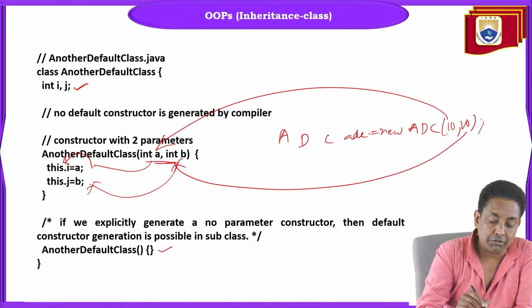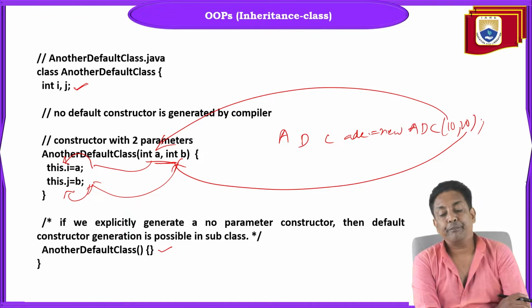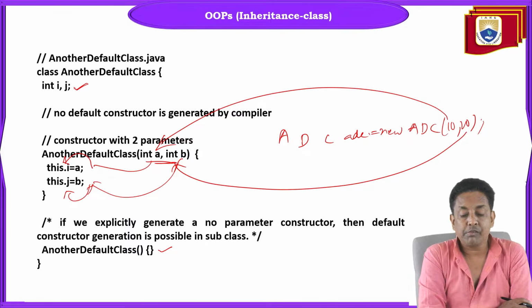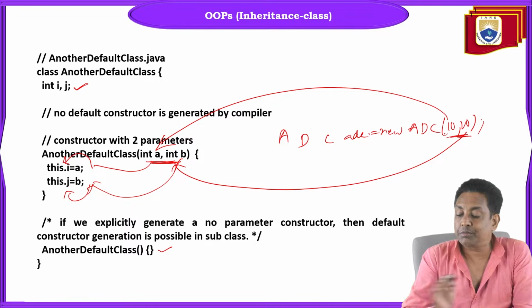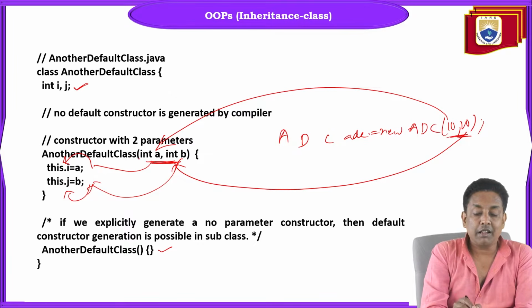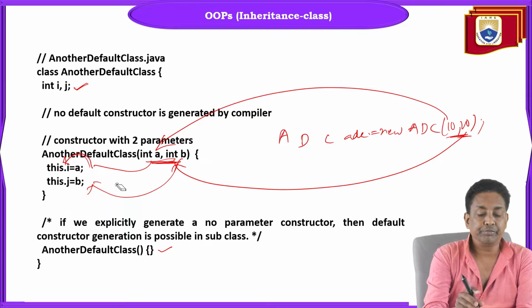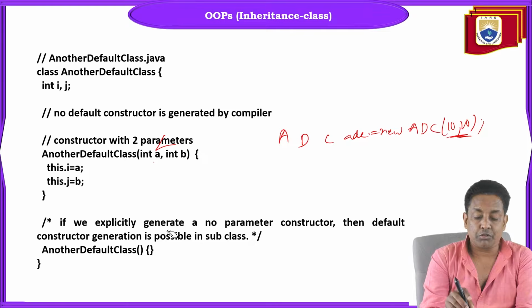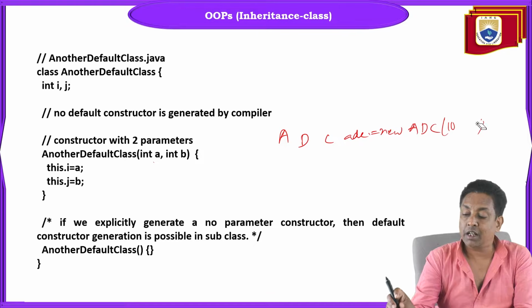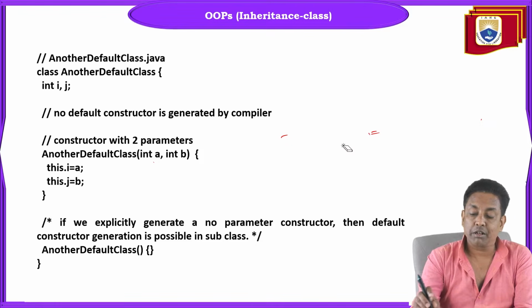This b will be assigned to class instance variable j. These two constructor parameters will accept two arguments from the client, and these parameters are assigned to class instance variables. So a class can now be created with a no argument constructor or with a two argument constructor also.